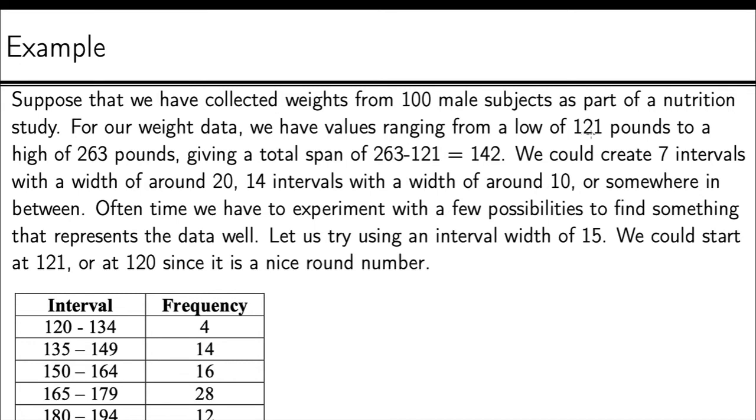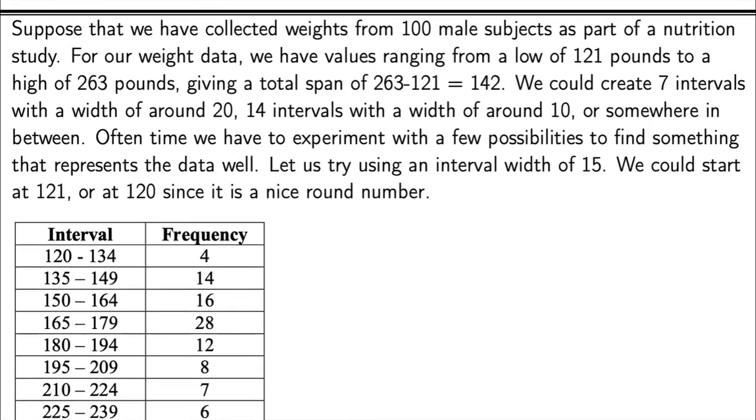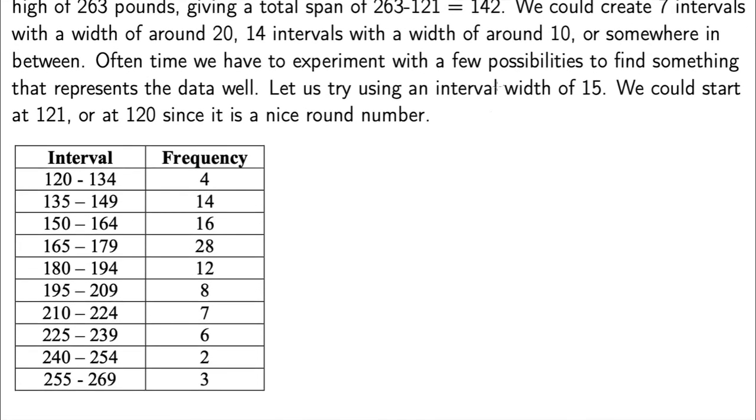Because our lowest is 121, we're going to round that down to 120 so we can work with some even numbers. So 120 is the lowest number in our first interval. Because we want a class interval width of 15, the lower bound of the next interval should be 15 higher than that. We add the class interval width to get the lower bounds of each of the intervals.